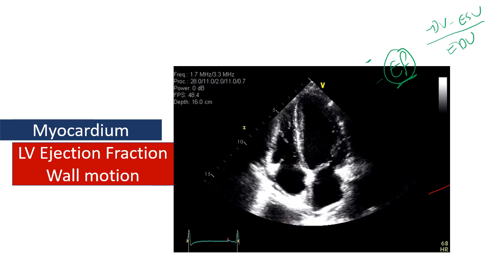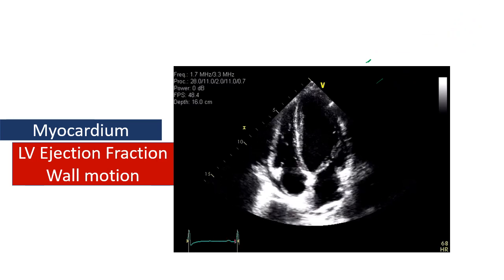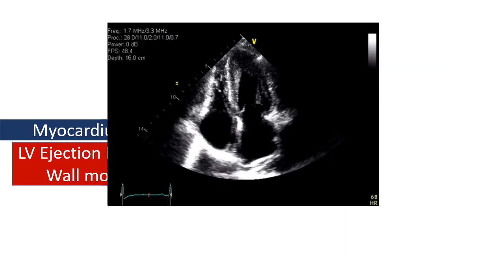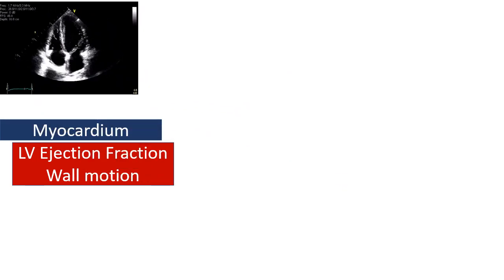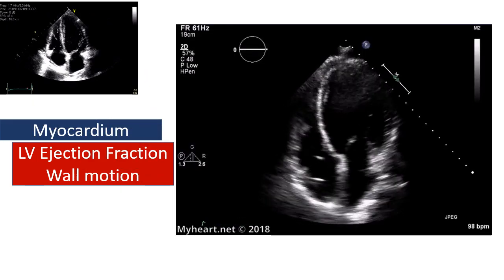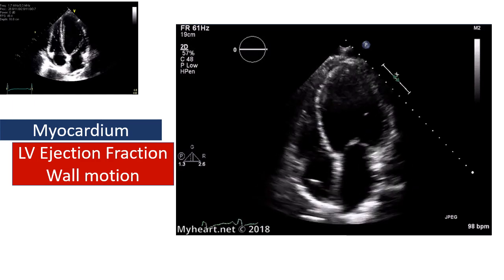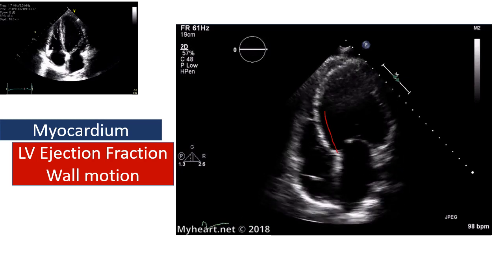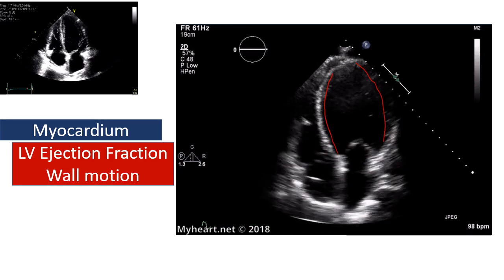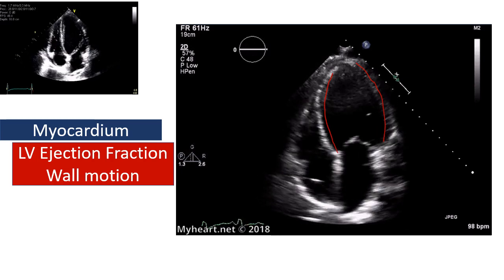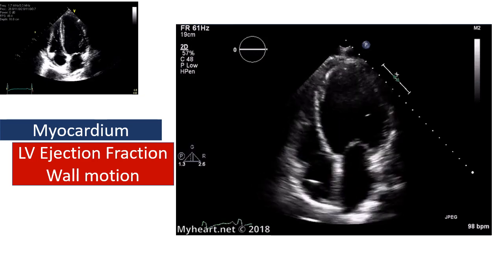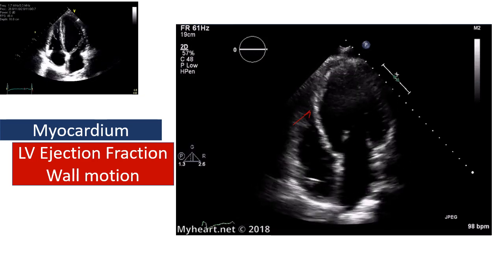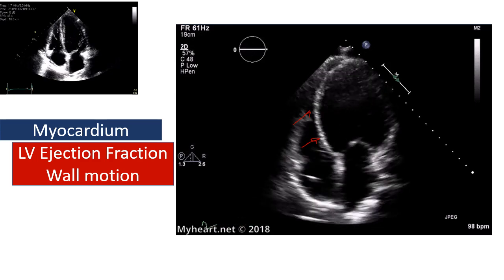After you see these normal images, I'd like you to comment on the first video we have. This is again the LV, this is the inferoseptal, and this is the anterolateral. And surely we can observe here that the basal and mid segments of the inferoseptal wall are akinetic.